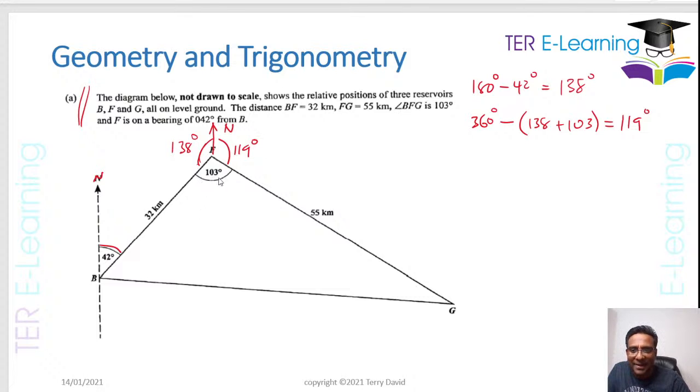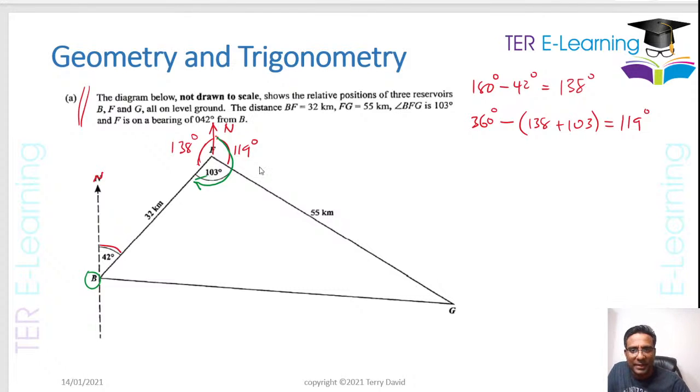So therefore the bearing is this whole thing here. I'm going to use a different color so you can see what I'm talking about. The bearing of B, this is where B is, from F is this whole angle here.